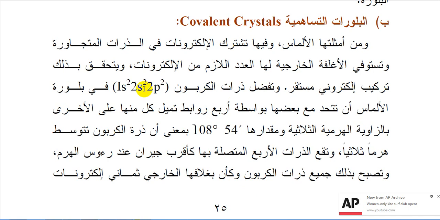And the carbon atoms, with orbital hybridization, 1s2 2s2 2p2, in diamond crystals are arranged with each other by 4 essential bonds.